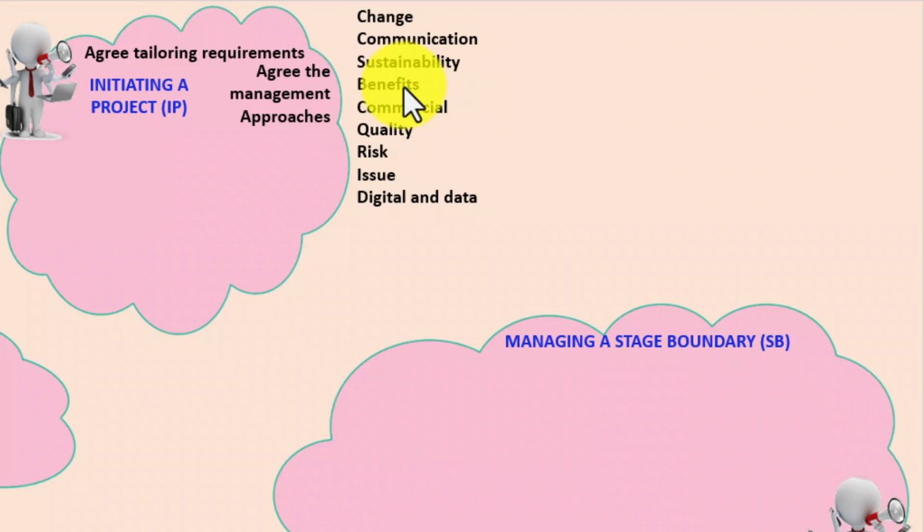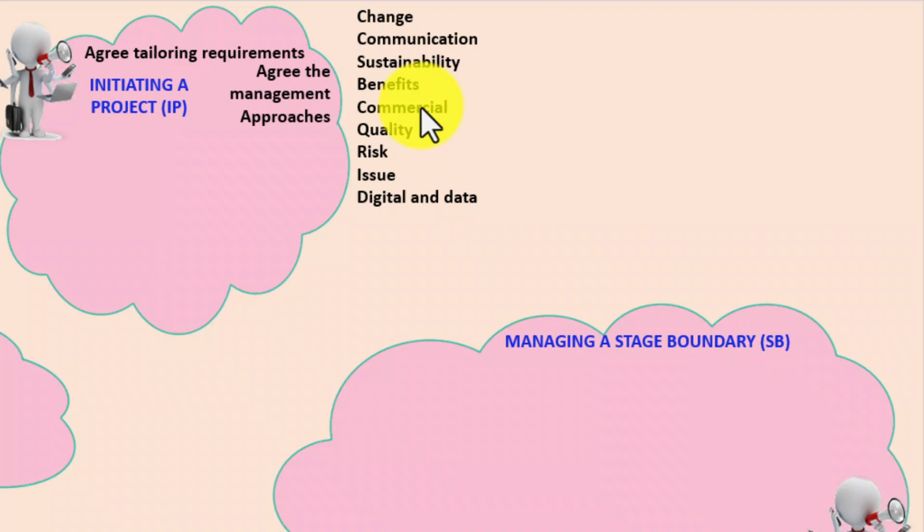Then you have benefits management approach, the companion, if you will, to the business case. And here the benefits management approach says what benefits are you seeking to achieve, how you're going to achieve them, when you're going to achieve them, what resources you need, and what you're going to measure. A new approach is the commercial management approach. Now, the commercial management approach is used to describe the procedures, techniques, and standards that need to be applied for effective commercial management.